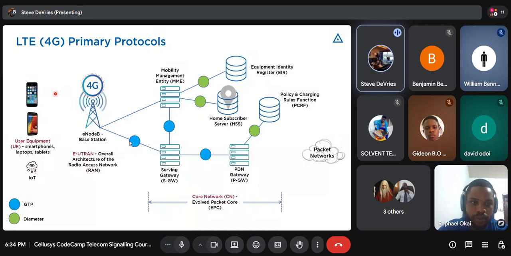So whenever you power on, you get an IP address. When you power your mobile phone on in 4G, you're connected. It's an always-on experience. So these tunnels automatically get built. Now, if you don't use your mobile phone for a while, let's say you keep it on but you go to bed at night, it tears down the radio and it tears down this tunnel.